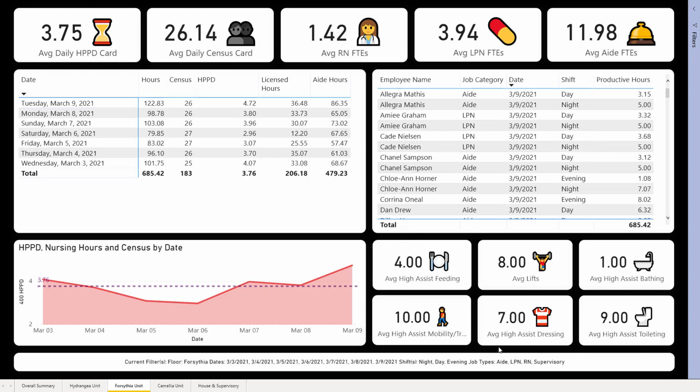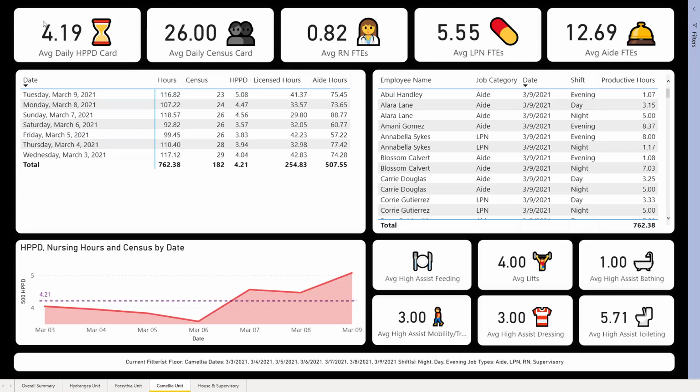You can see some of the counts related to their high assistance residents as compared to this unit, which has a higher HPPD, but again, look at the counts, much lower. So one of the things that a scheduler, for example, could look at and notice is, okay, so first of all, they have a higher HPPD. Not only that, but their number of high assistance residents is much lower.